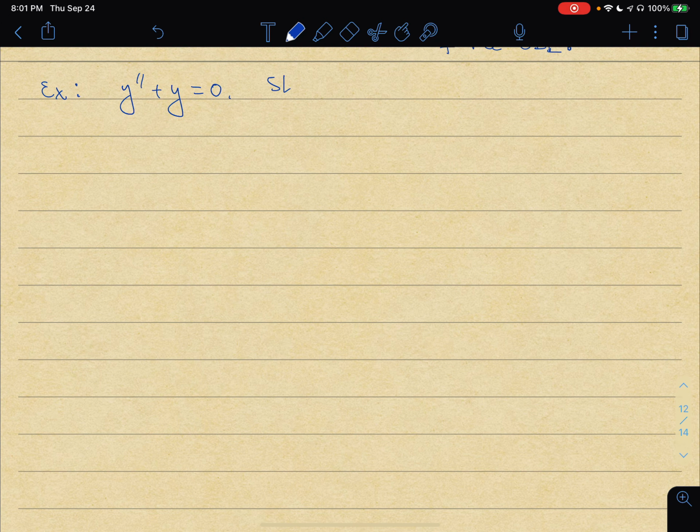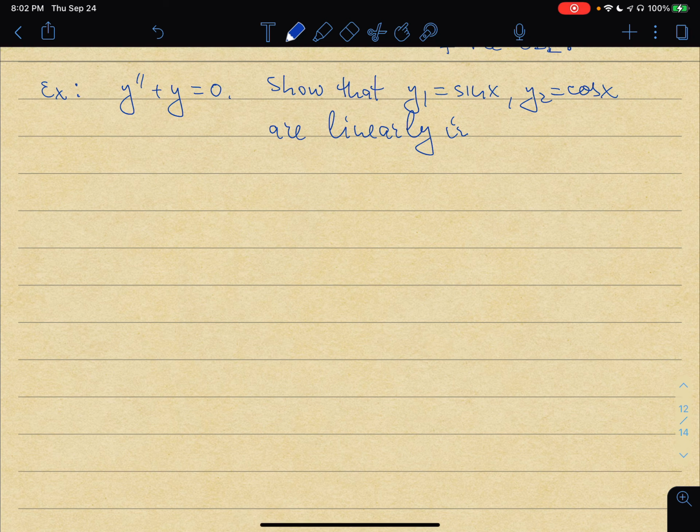And I want to show that y1 equal to sine x, y2 equal to cosine x are linearly independent solutions of the ODE.